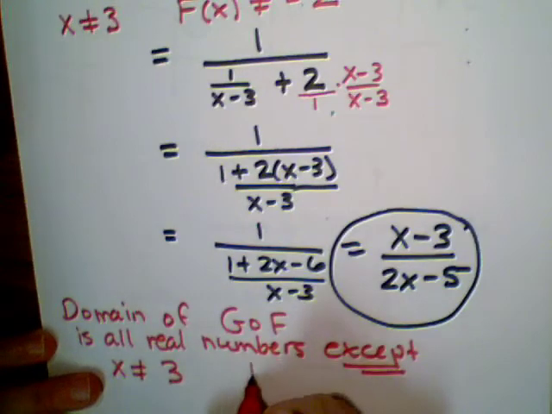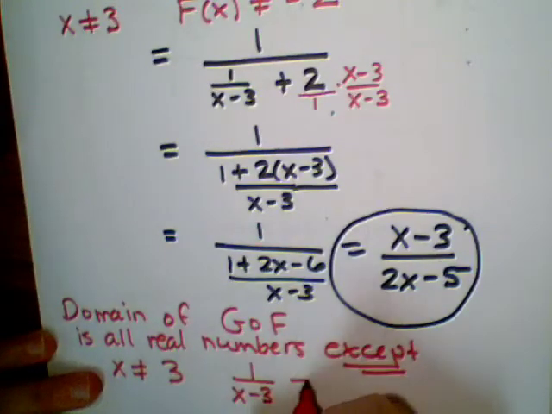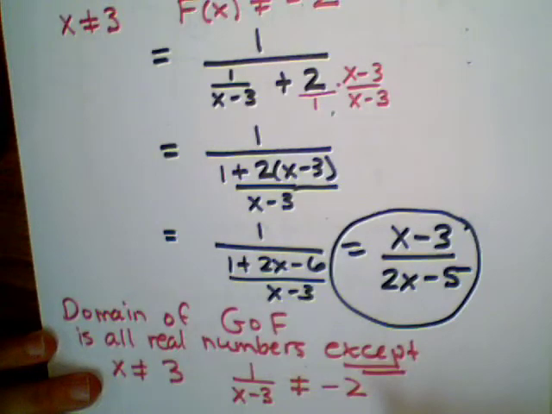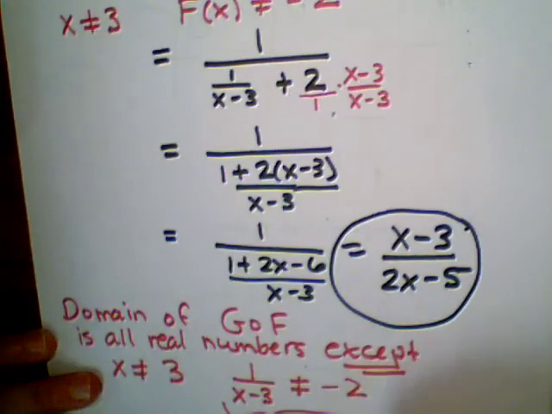And f of x cannot be negative 2. If you take a moment and solve this equation, you will see that that implies that x does not equal 5 halves, or 2.5.